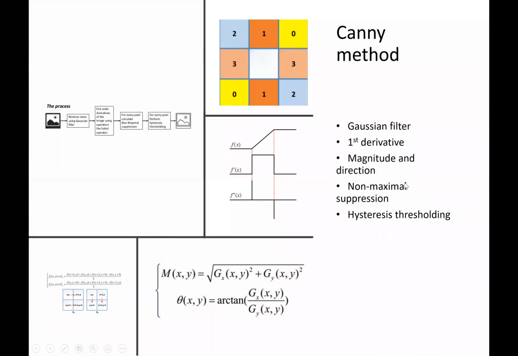Okay, then I'm going to talk about the Canny method. So the process is here. We have a picture, and then we remove some noise using a Gaussian filter. And then we take the first derivative of the image. Then for each pixel, we apply non-maximal suppression.